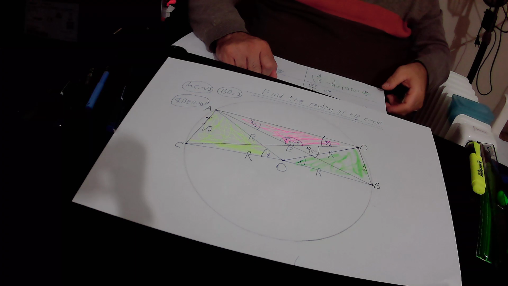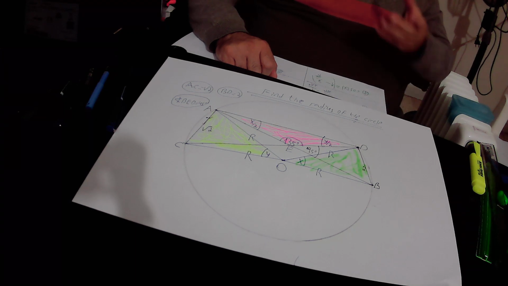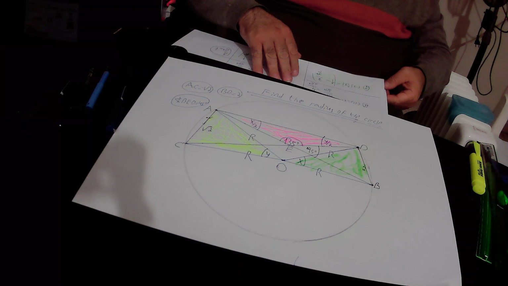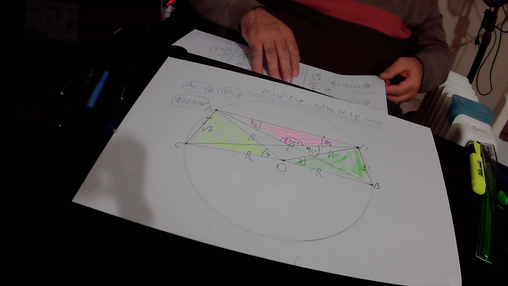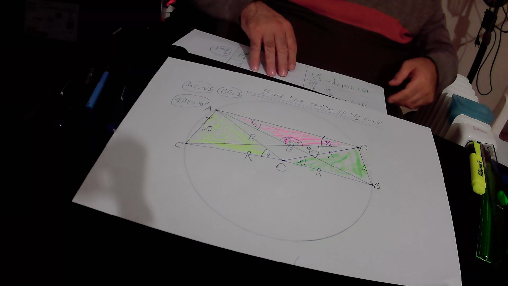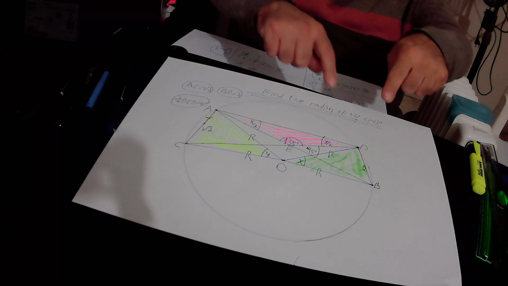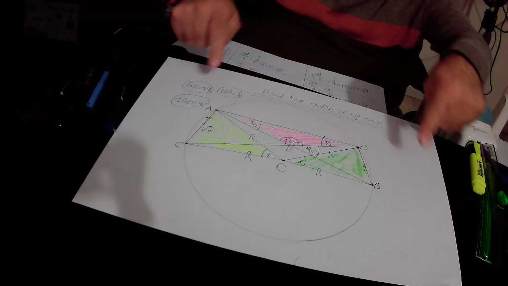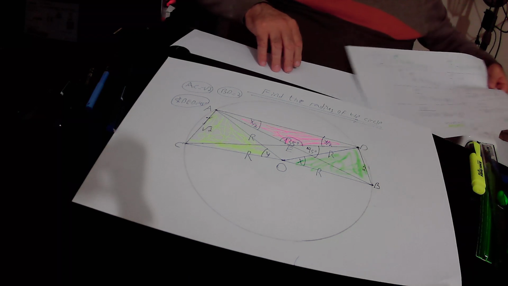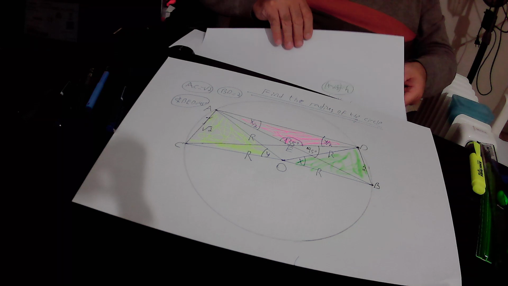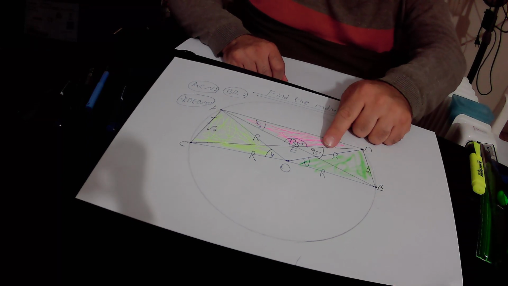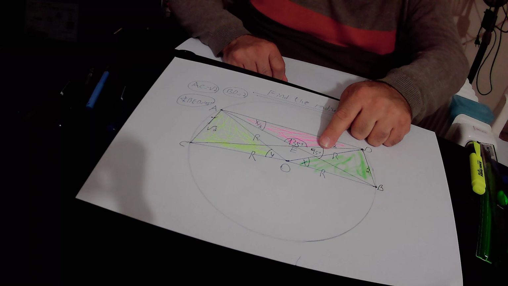In the next step, we focused on the straight line AB. On the straight line AB, this angle is equal to 45 degrees.